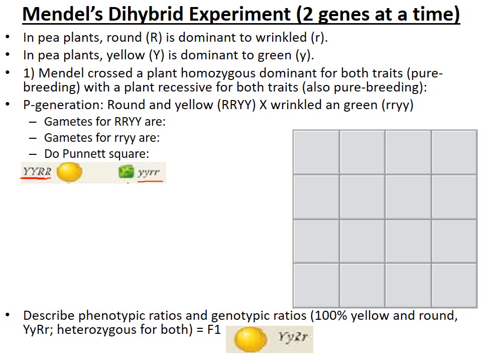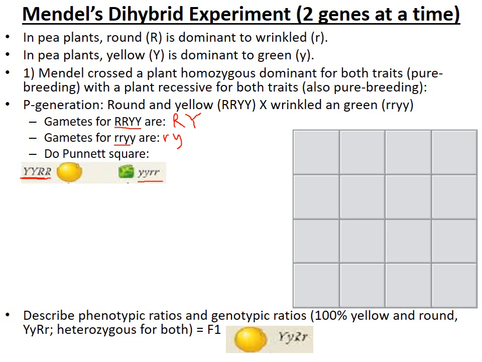So we'll start off with figuring out the gametes for the RRYY. There's only one possible gamete for it. It's the big R, big Y. I changed the order of the letters here. It doesn't really matter. And then the gametes for this one here, there's only 1 possible gamete for it using the distribution method, little r, little y.